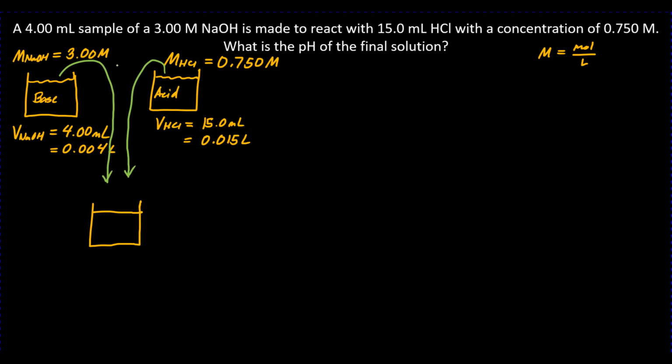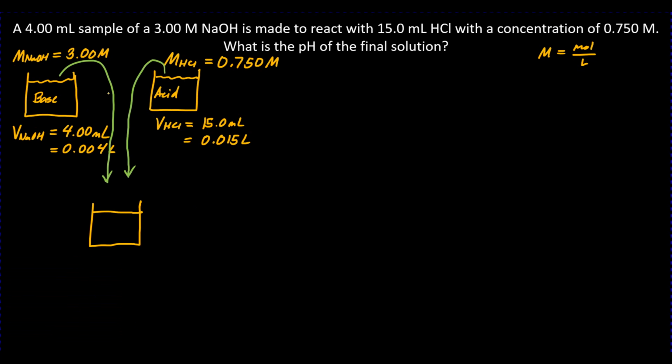So it depends which one will be left. If base is left, if sodium hydroxide is left, then that will make the pH higher. If hydrochloric acid is left in the solution, then the pH is going to be lower, because that is the effect of an acid on the solution.